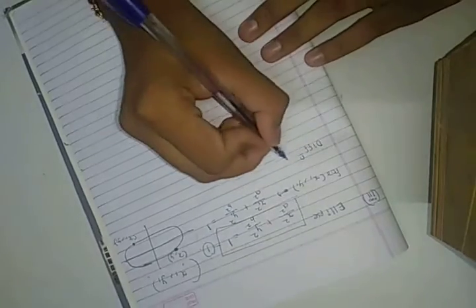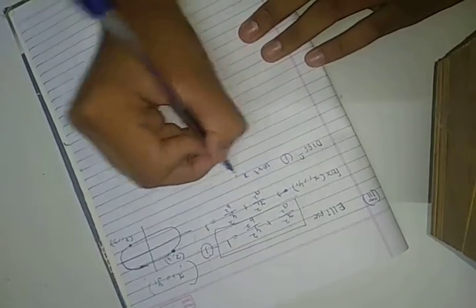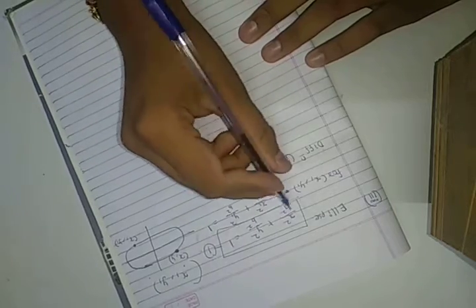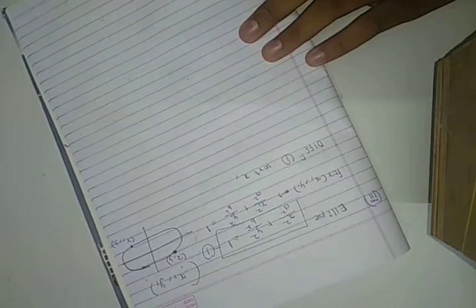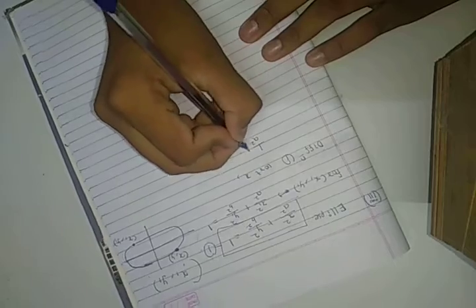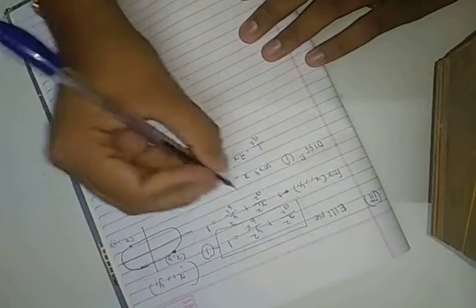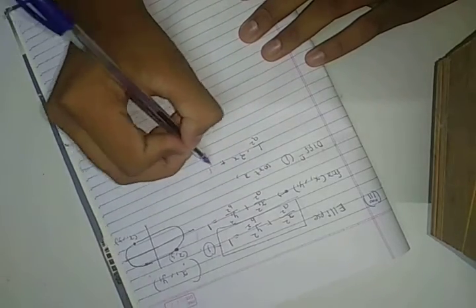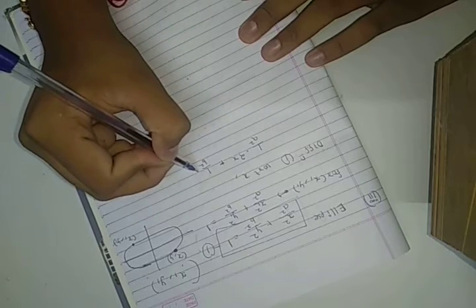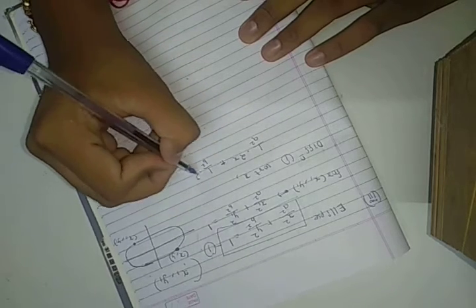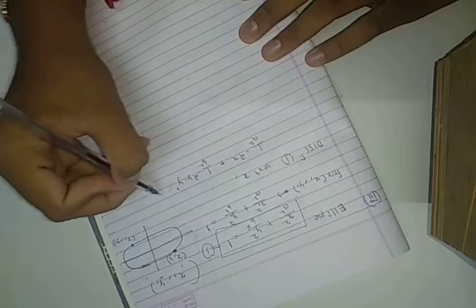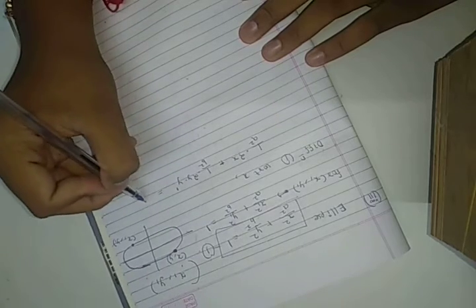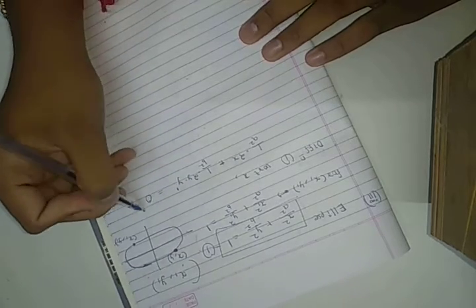Differentiate it with respect to x. 1 by a square is constant, so I'm taking it out. 1 by a square into the differentiation of x square, which is 2x, plus 1 by b square, again a constant, so I'm taking it out, into 2y into y dash. y dash is dy by dx as always. The differentiation of 1, which is a constant, is 0.